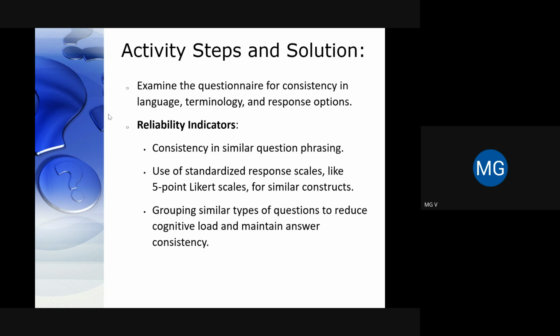First, you need to examine the questionnaire for consistency in language, terminology, and response options. The reliability indicators are consistency in similar question phrasing, use of standardized response scales like 5-point, 7-point, or 10-point Likert scales for similar constructs, then grouping similar types of questions to reduce cognitive load and maintain answer consistency, right?